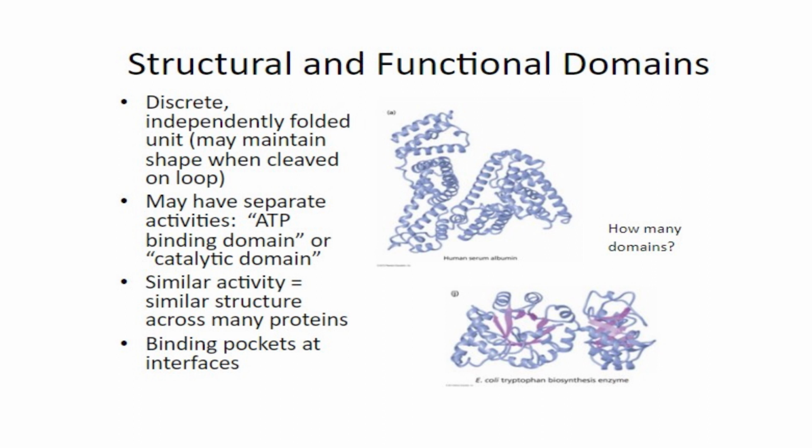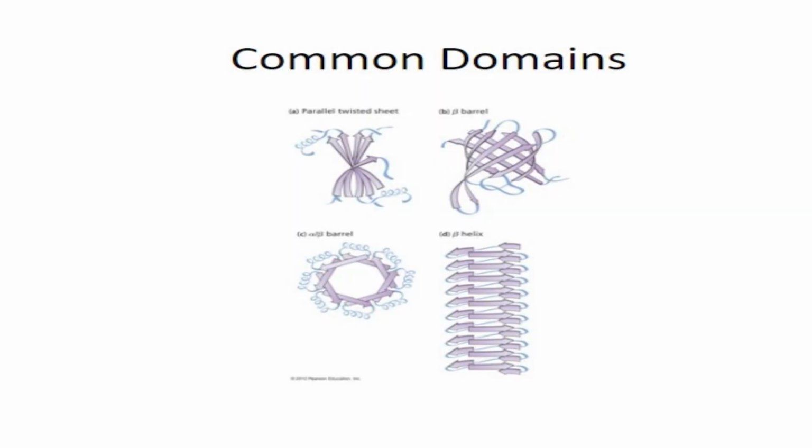Similar activity and similar structure may also occur across many proteins, in binding pockets or at the interface. The domains may have a regulatory function or a catalytic function. These are the common domains, and their structures are seen here.